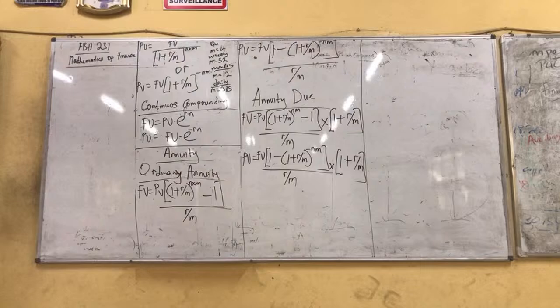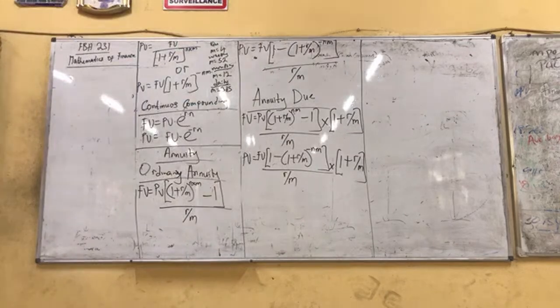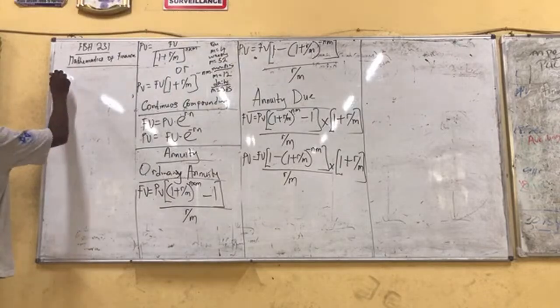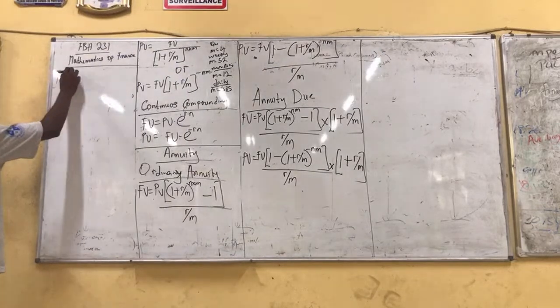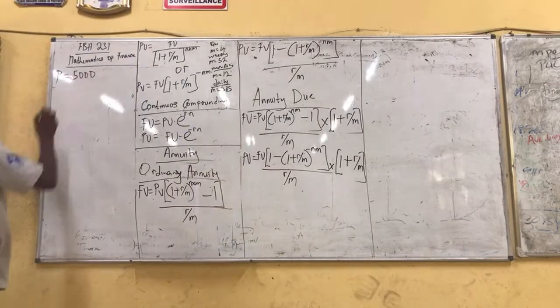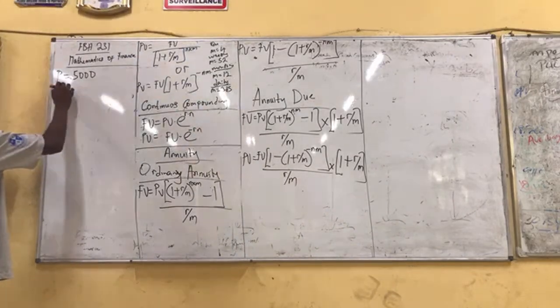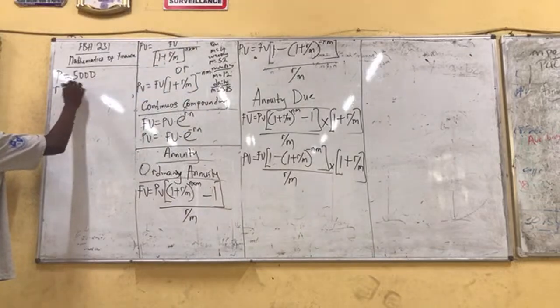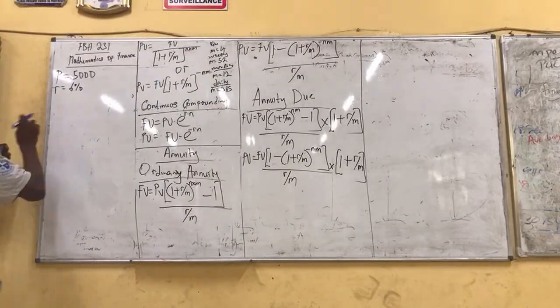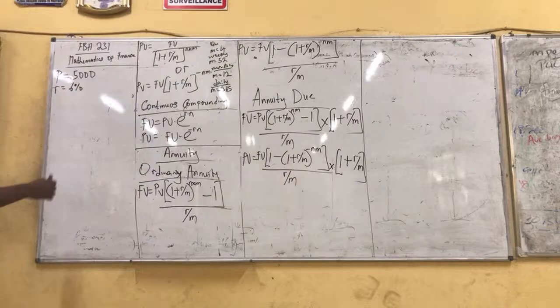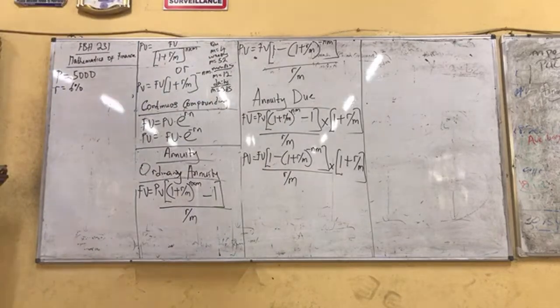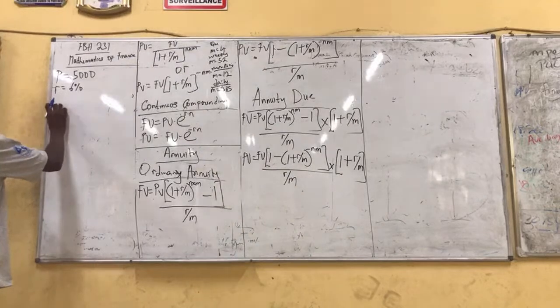So, are you ready? For our first question, a principal of 5,000 naira is invested at 6% interest rate. Find the amount after 10 years, so that's our future value.